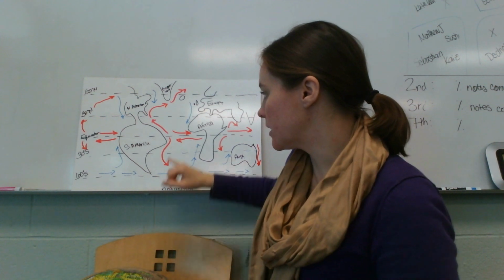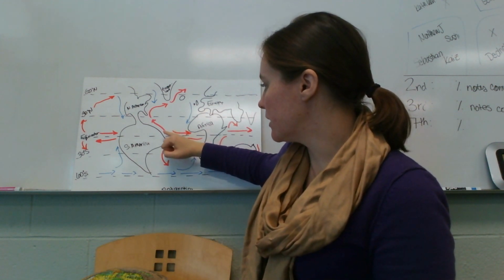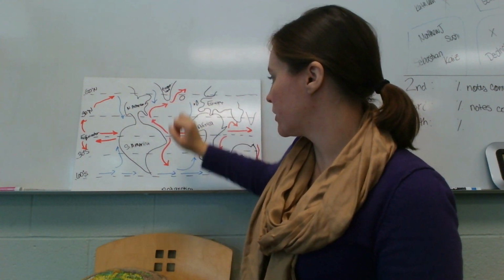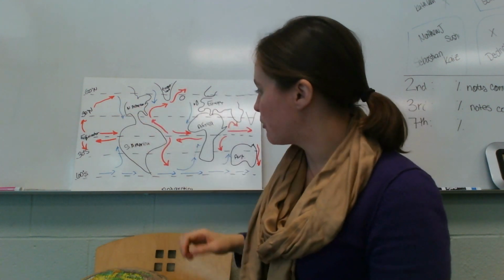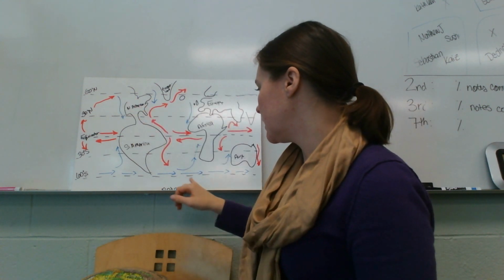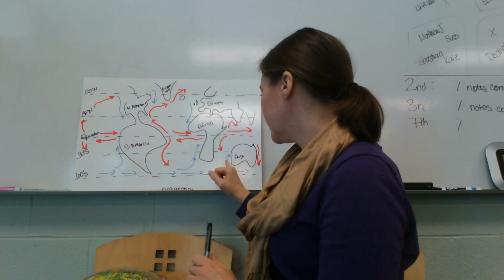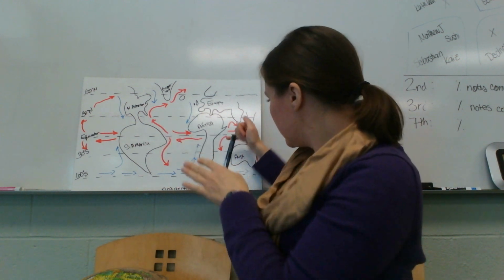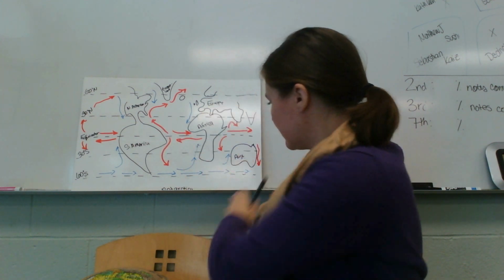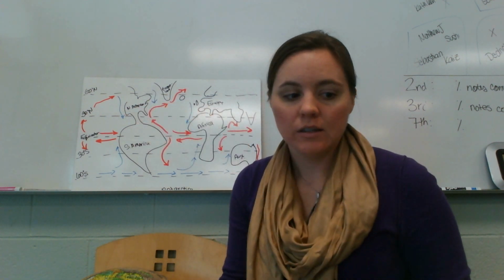So you'll notice that currents veer in the northern hemisphere to the right of their point of origin. And so if we're facing this way, that is to the right of the point of origin. But in the southern hemisphere, they veer to the left of their point of origin. Okay. Whew.